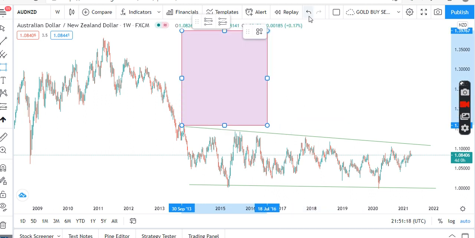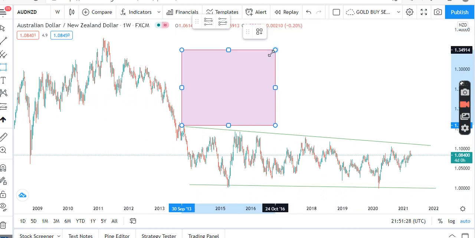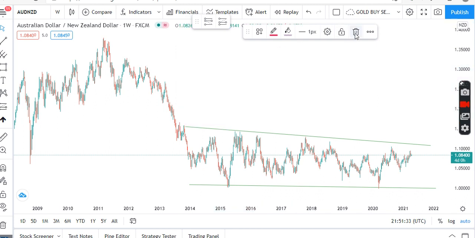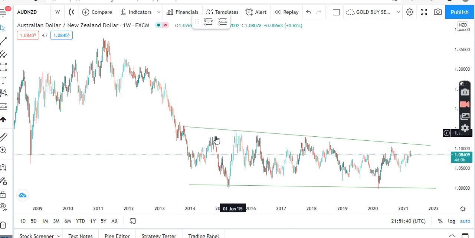Alright, let's forget about this one. There you go. Okay, I'm removing some important things there. Just delete this. We delete this. Okay, so we have our horizontal, our diagonal support and resistance there.